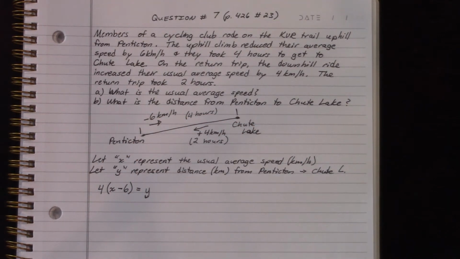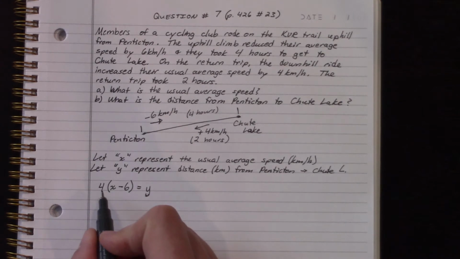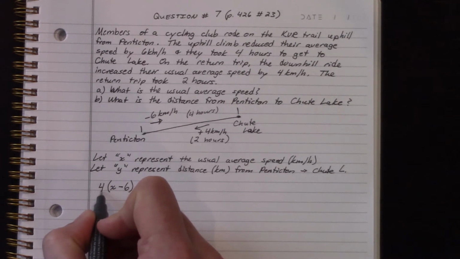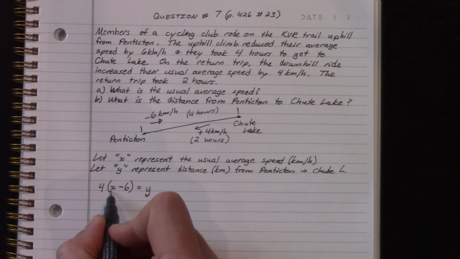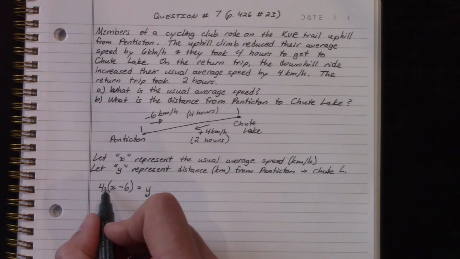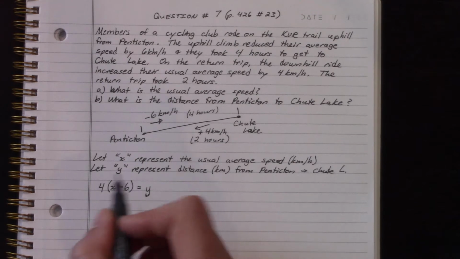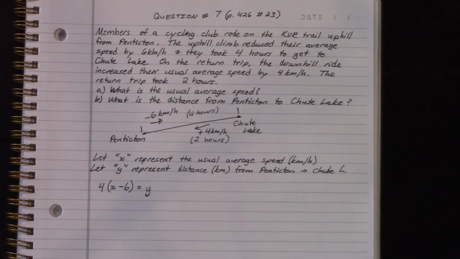Let's see if this can make sense to you guys. Traveling for 4 hours at a speed of our average minus 6 kilometers per hour because it's uphill. So 4 hours times miles per hour is going to give us this many miles. And that is true.